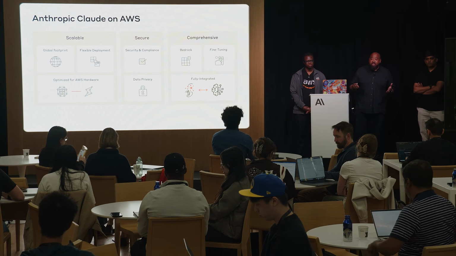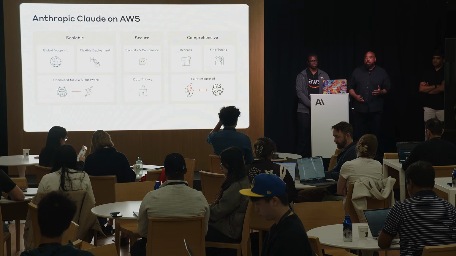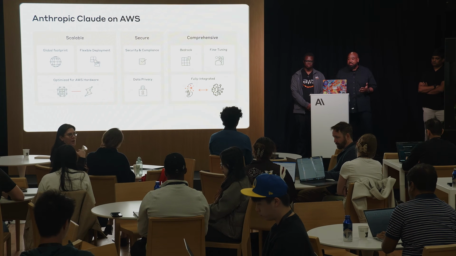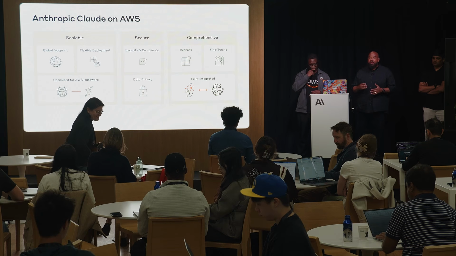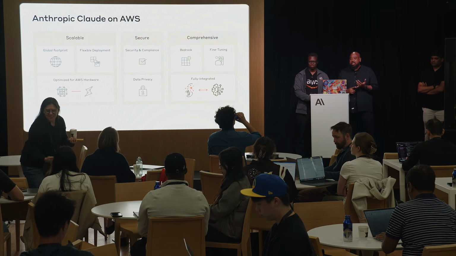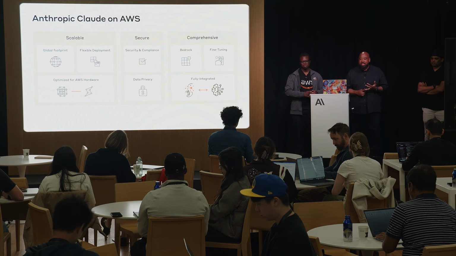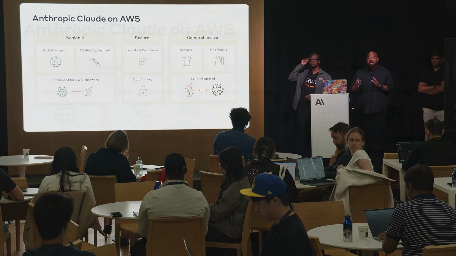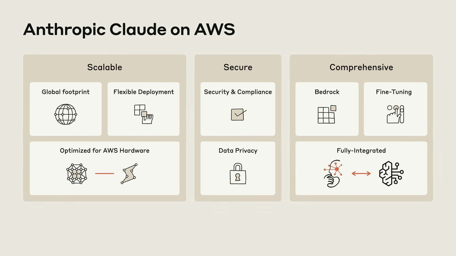This gives you everything you need to not only build, but also scale your AI applications globally. And it does this by providing you with everything you need: model choice, guardrails, as well as security at enterprise grade by default.